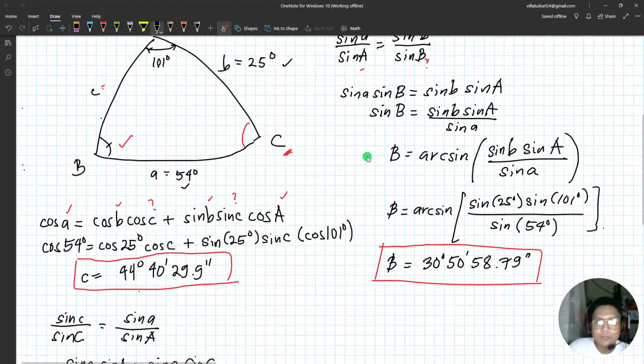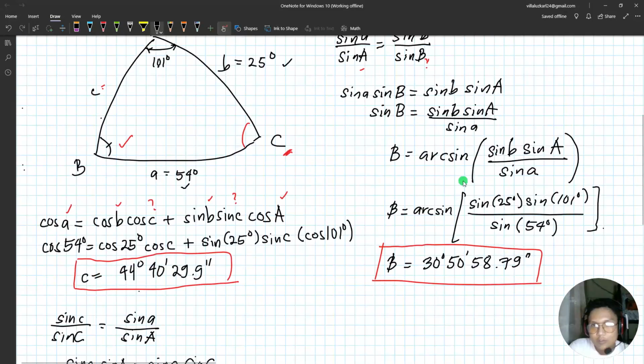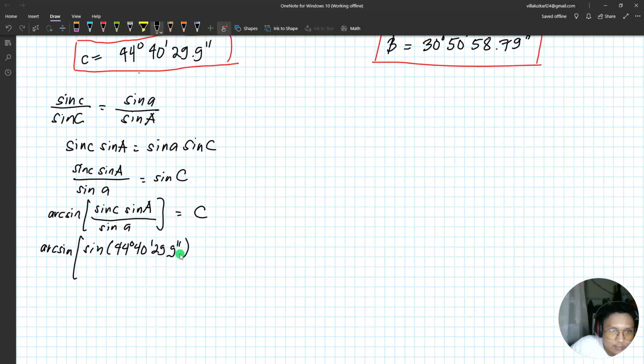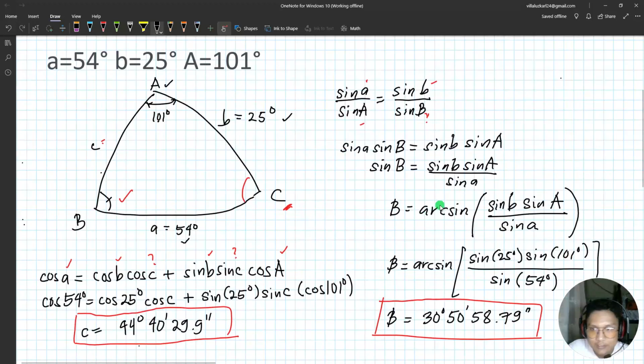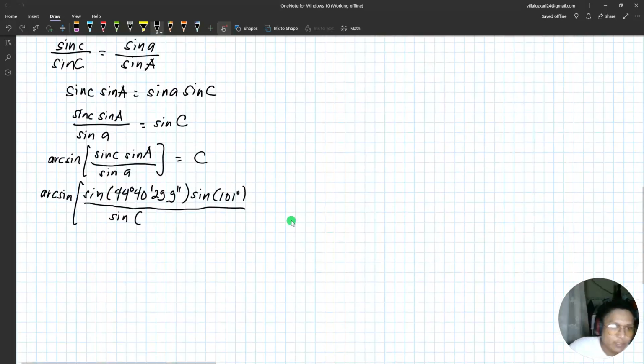Substitute, just like here in our example: arc sine of sine of 44 degrees 40 minutes and 29.9 seconds, sine of angle A, angle A is 101 degrees, to be divided by sine of side A, which is 54 degrees.